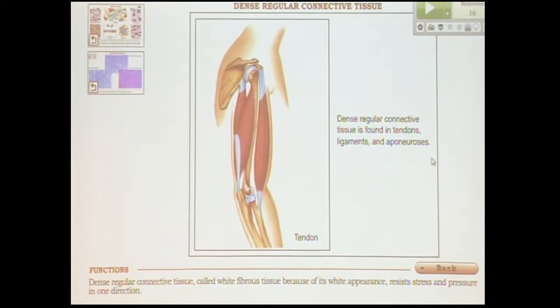These are little pads in your knees and your pelvis. So they're places that take so much force and pressure that you can't just have cartilage there. You have like a little piece of tendon. So your meniscus, heard of your meniscus? That's a kind of dense connective tissue. Aponeurosis.